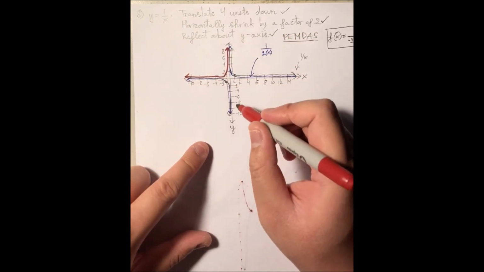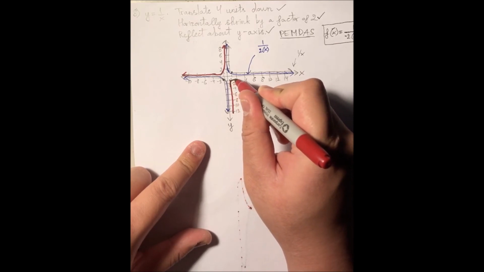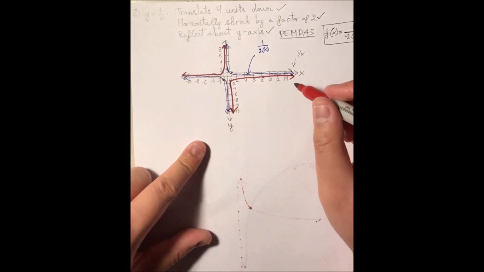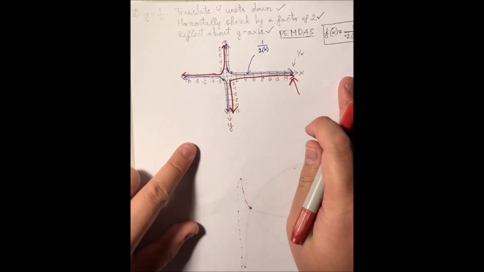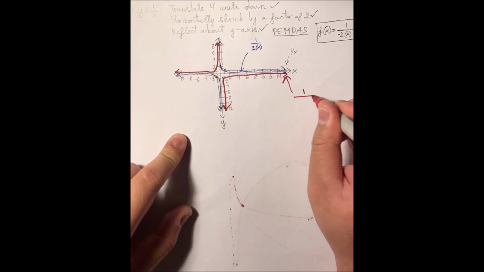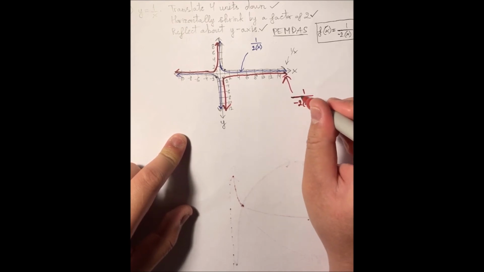Like that. Okay, so hopefully you can see that. Yep, so the one in red here is the mirror image of the one in the blue. So this is 1 over negative 2 times x inside the parentheses.